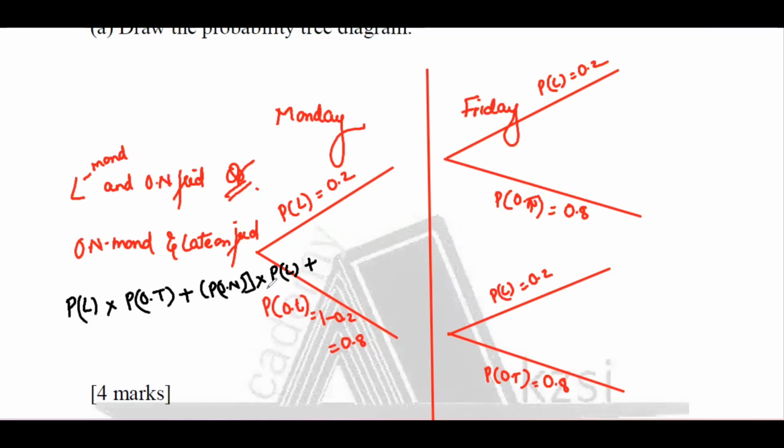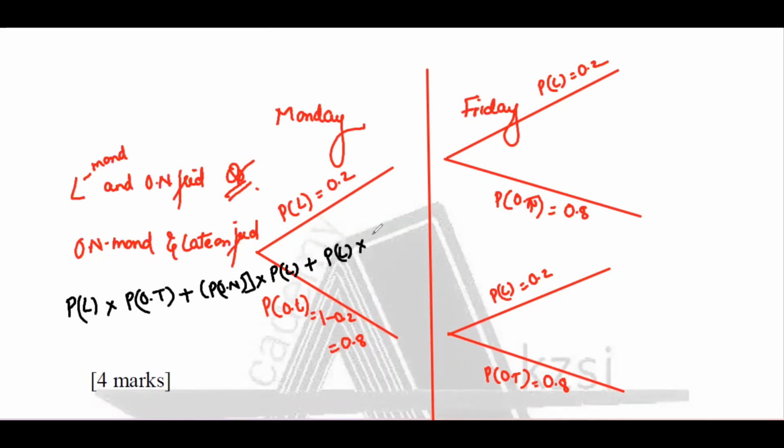At least that means at least the train should be late on one day, either Monday or on Friday. But it can get late on both days as well. If it's getting late on both days as well, that means late on Monday as well as late on Friday.